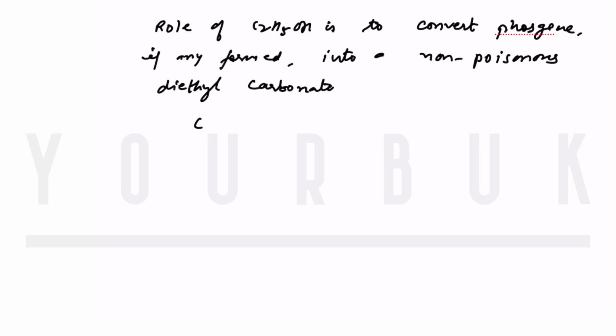So this is the equation: COCl2 plus twice C2H5OH gives diethyl carbonate plus twice HCl.